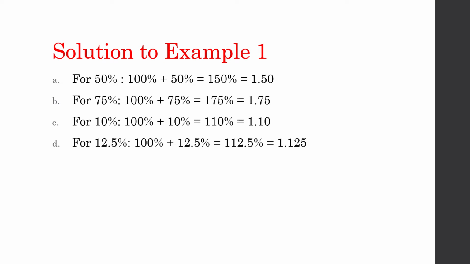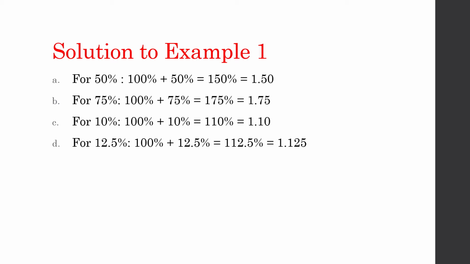For 10%, that is 100% plus 10% is equal to 110%. In decimal form, that is 1.10. And for 12.5%, 100% plus 12.5% is equal to 112.5%. So in decimal form, that is 1.125.